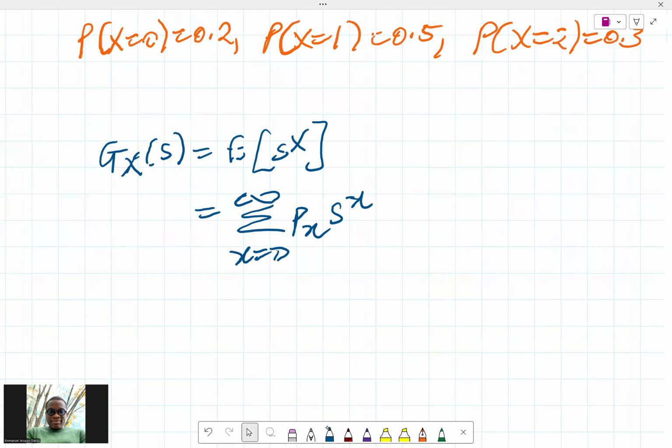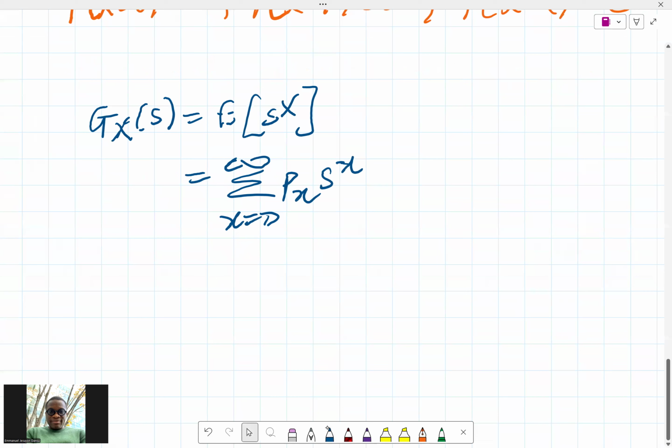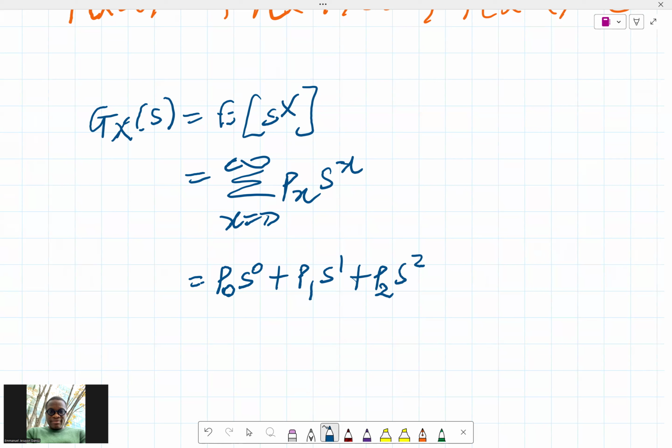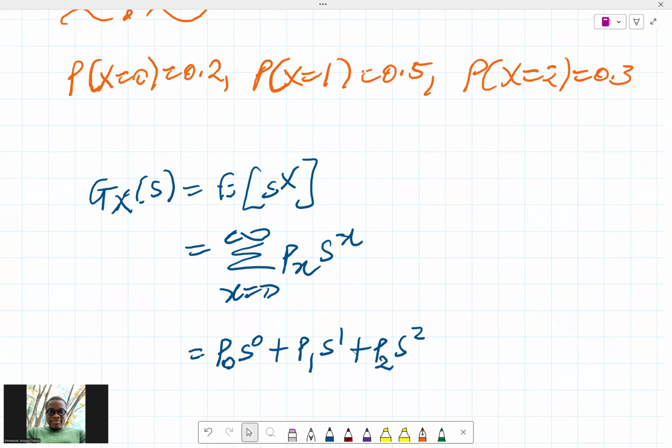Having taken care of this, we're going to have probability starting from 0, so we have P0 s to the 0 plus P1 s to the 1 plus P2 s squared. It only goes as far as three terms.